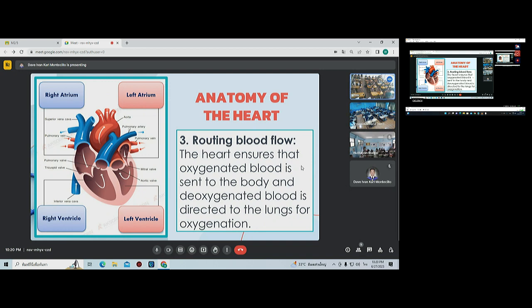And deoxygenated blood enters the superior vena cava, or we have the inferior vena cava, but just focus on the superior vena cava, going to the right atrium, pumps to the right ventricle, and pumps out to the pulmonary artery. So that's it.